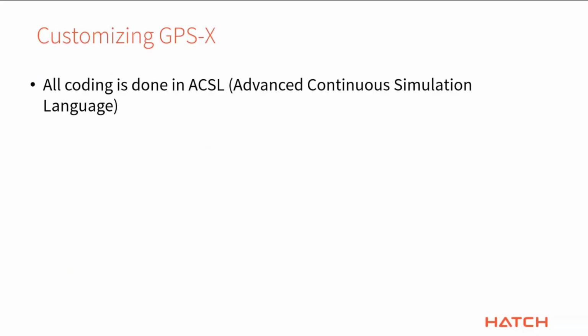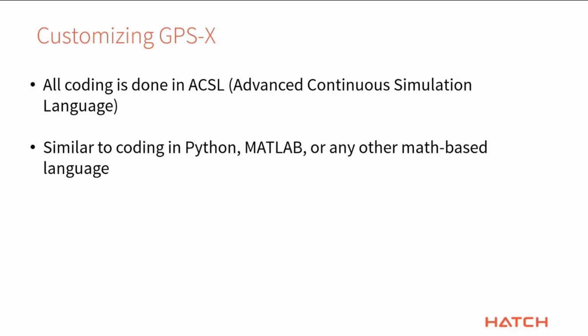So all of that coding is done in actual ACSL, Advanced Continuous Simulation Language. It's basically a language that we are using that is a nice, convenient way to write out an algorithm and interact with the variables that we have. After you go through the build step, it is actually converted to Fortran.